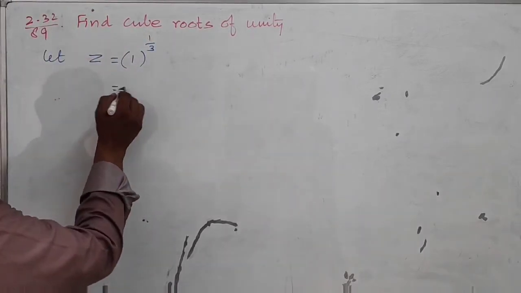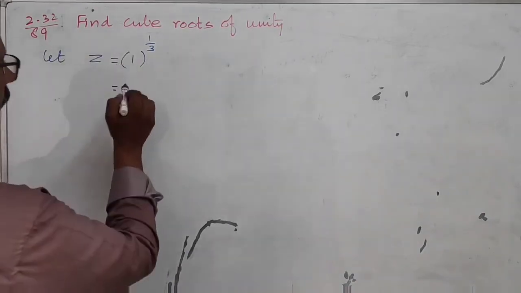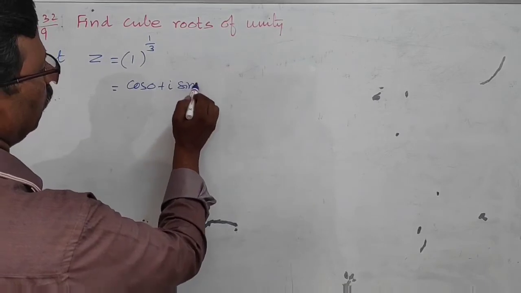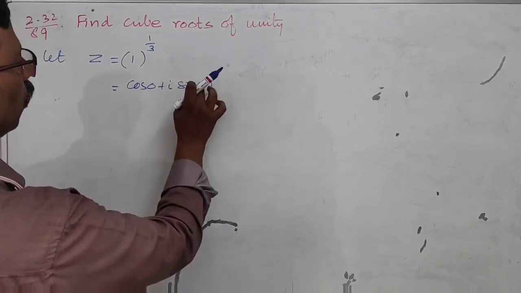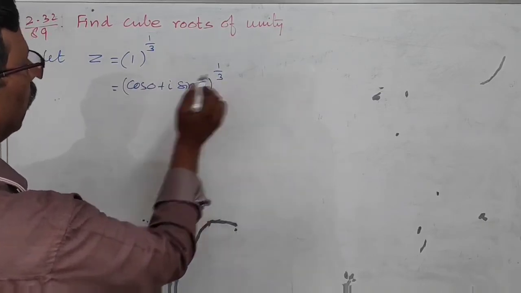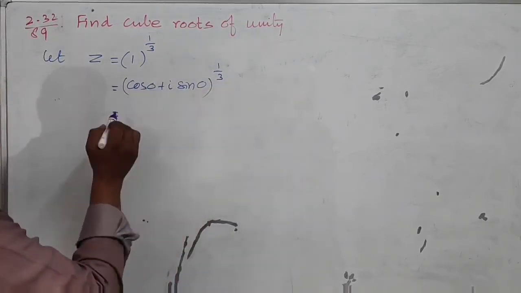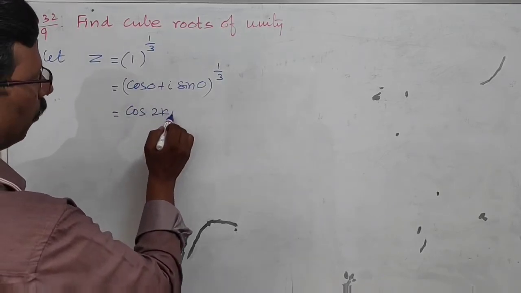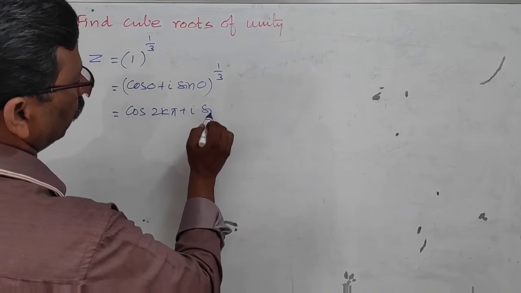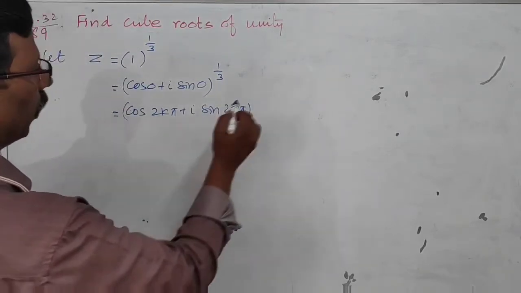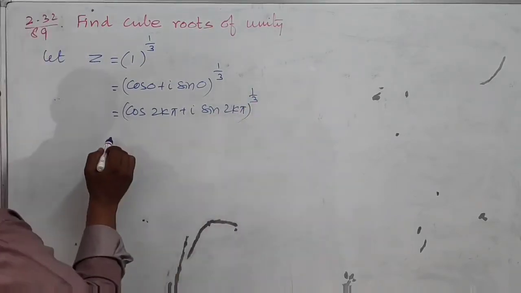Now this can be converted into polar form: cos 0 plus i sin 0, whole power 1 by 3. Now with this I have to add 2k pi, so it is cos 2k pi plus i sin 2k pi, whole power 1 by 3.